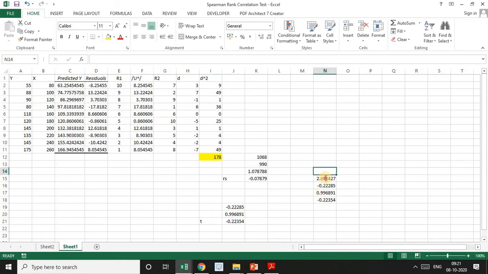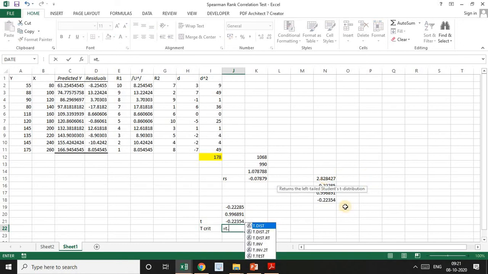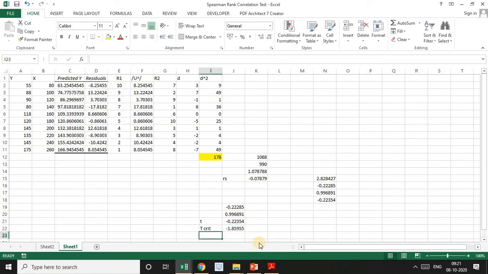Then you have to find the table value. How can we find the table value? The t critical value is equal to T.INV, 0.05 comma degrees of freedom equal to 8, which gives minus 1.85.